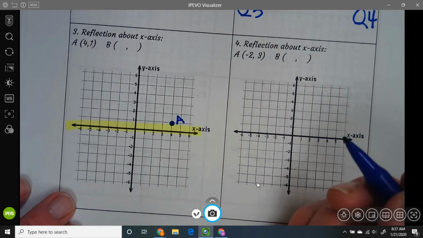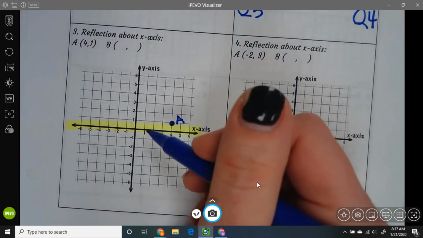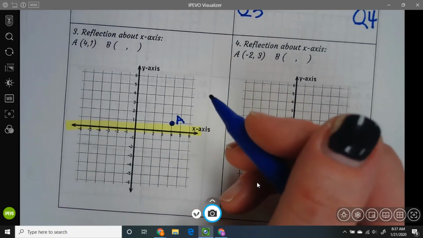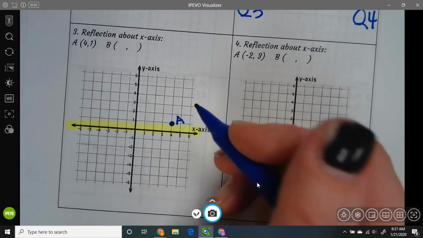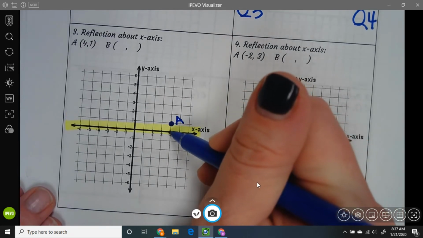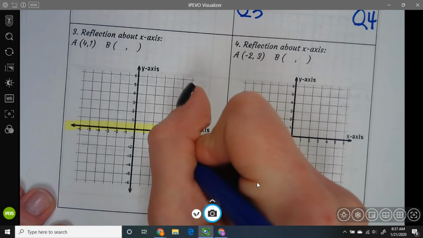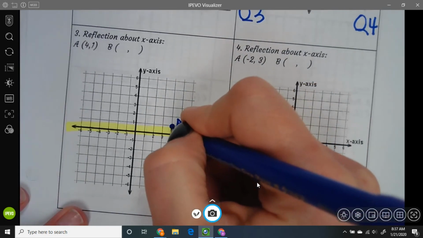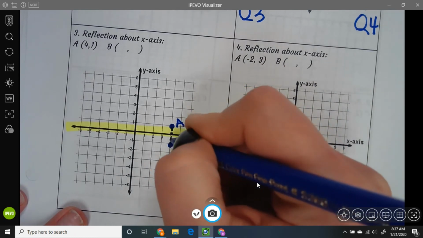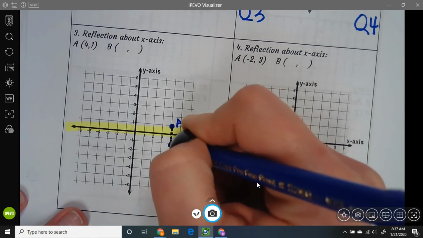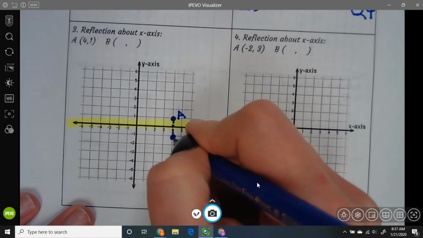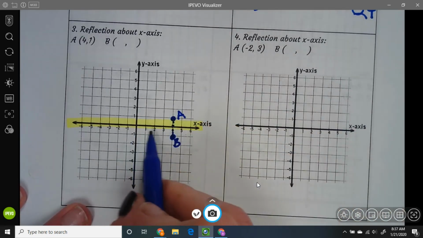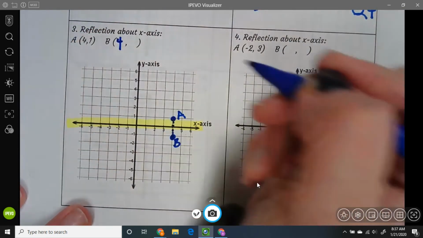And you're going to reflect across the x-axis. So you'd go 1 here and then 1 to the other side, and you'd plot the reflection there. So you can draw a dashed line if you need to. There's 1 to the x-axis and then 1 to the other side. So this would be point B at 4 and then -1.